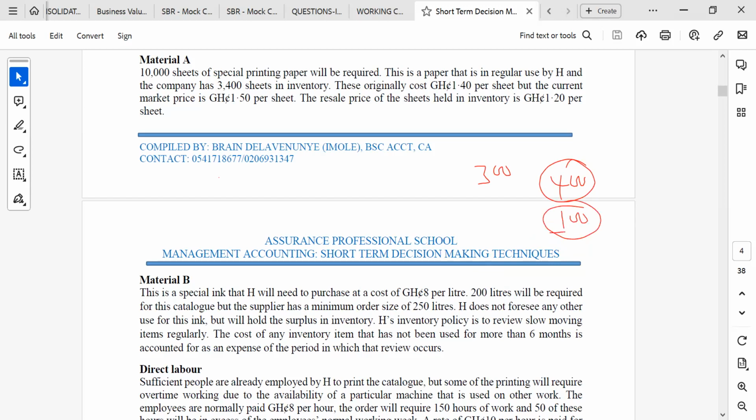If you can use it elsewhere, then it means that the relevant cost will be only the 300 that you are using. But if the remaining 100 you cannot use elsewhere, then the relevant cost will be the total 400 that you are buying. So sometimes you buy the material in bulk such that the quantity you are going to use will be lower than the amount you have bought.